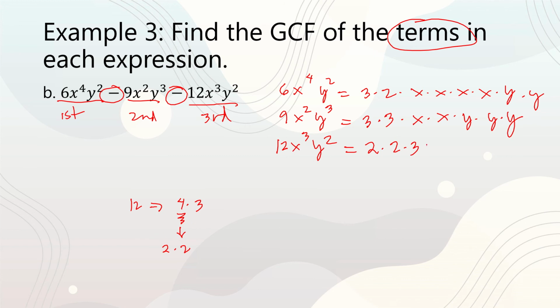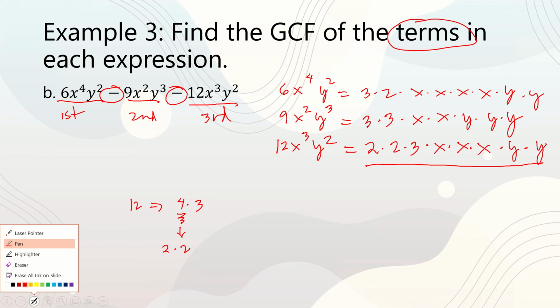Then x cubed, there are 3 x's. And then y squared means there are 2 y's multiplied by each other. Okay, now you figure out the commonality between the three. So again, it must be the three terms, not just the two terms. It must be in all three terms when you're asked to find the GCF.